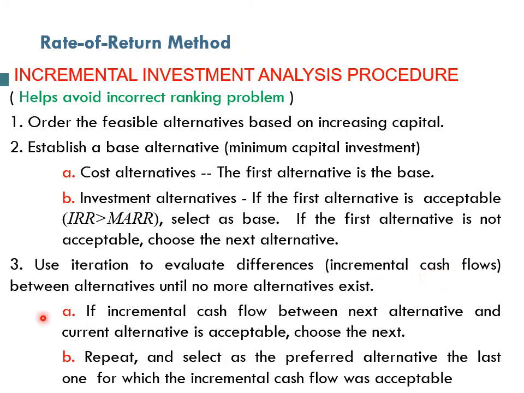If the incremental cash flow between the next alternative in order and the current alternative is acceptable, we select the next one. Otherwise, we exclude the next one, it is not preferable, and we continue with the current alternative and compare it with the next one.